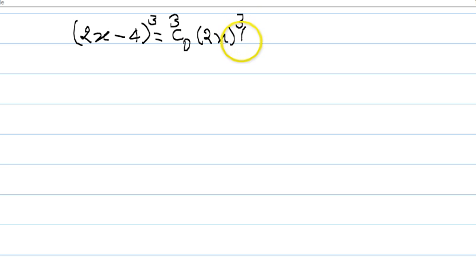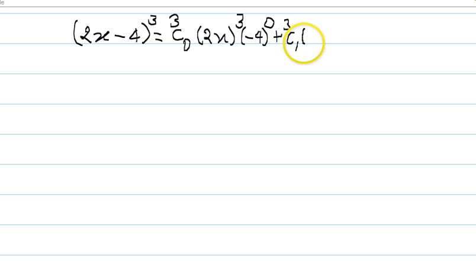Now the second term is minus 4, and the power of the second term is always the subscript given over here. The subscript is 0, so I'll put 0 over here. Now I'll come to the second term. The second term will be plus. The first term was 3C0; over here it is going to be 3C1.